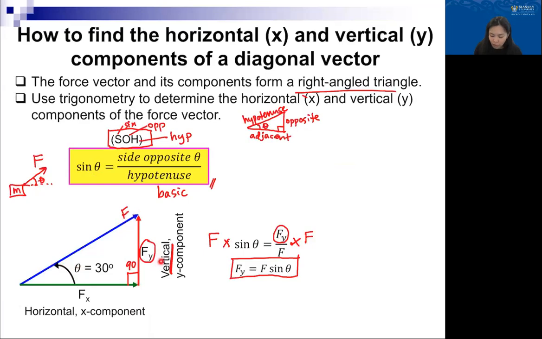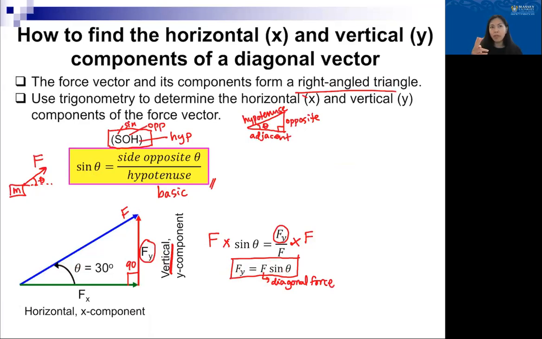So to get the vertical component, you have to multiply the diagonal force with the sine of the angle.